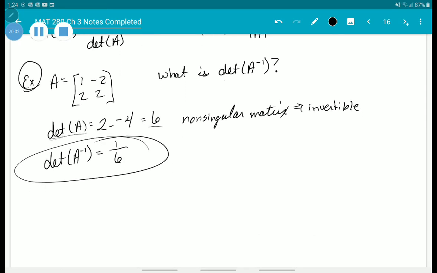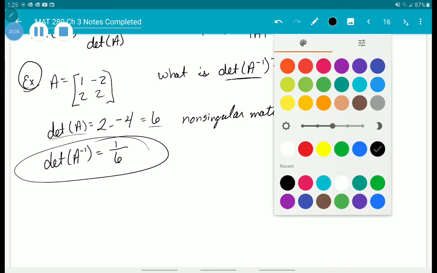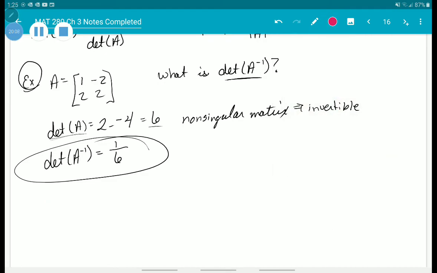Now, if we were to do this the long way, you could see how this is going to take some work. So let me do that in a different color. Our first step would be to figure out what is that inverse. Well, the inverse is 1 over AD minus BC times the matrix.